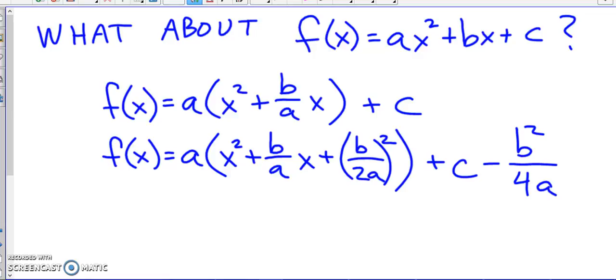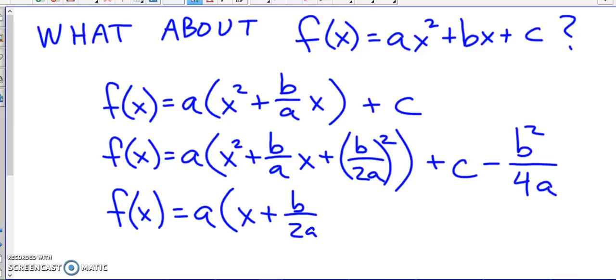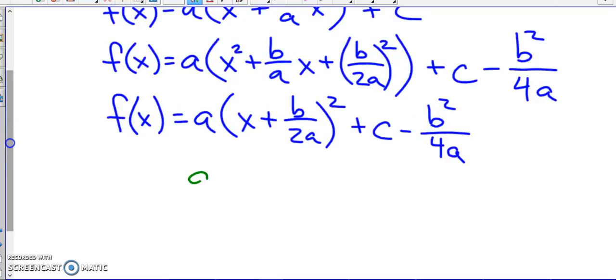Now the whole reason for doing that is so we can have it like this. When you complete the square, this would be a times x plus b over 2a, quantity squared, plus c minus b squared over 4a. Now the moral of the story is, this is supposed to look like a times x minus h squared plus k.